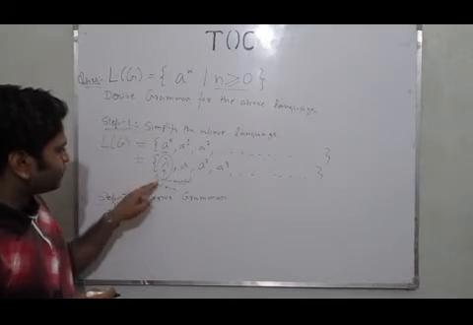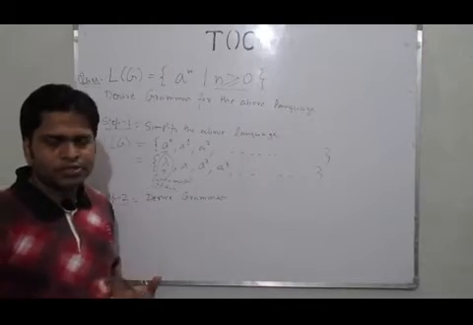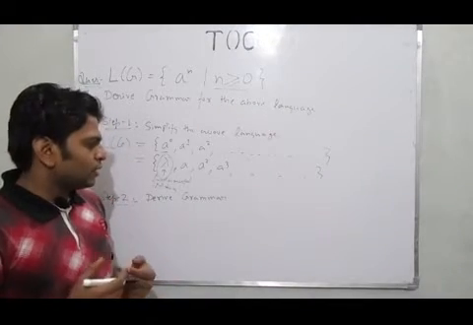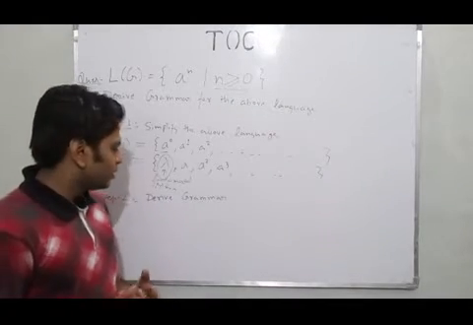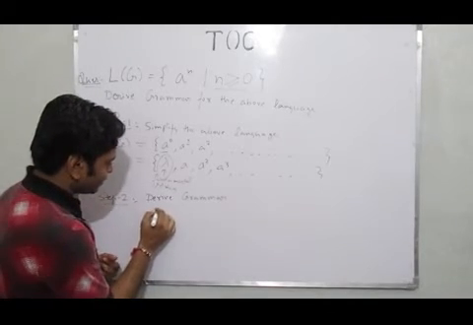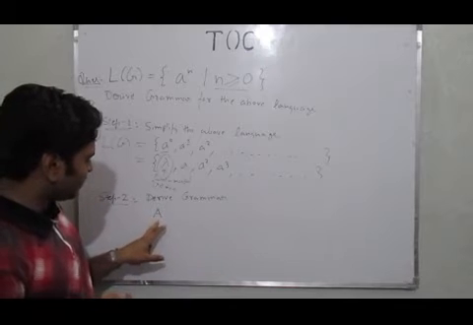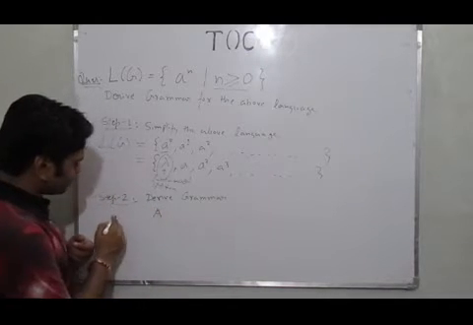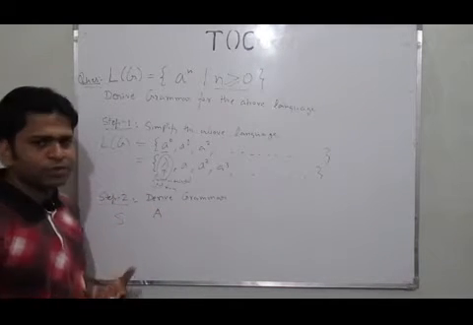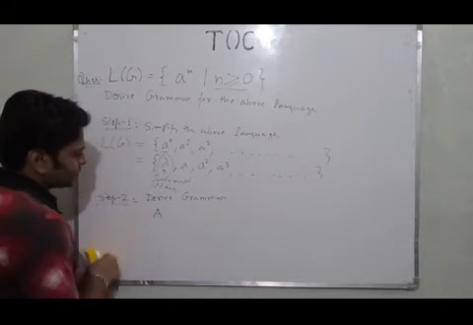We can simply take any variable as a start symbol. Suppose we have considered A as a start symbol. Or you can simply take S as a start symbol, as you wish. There is no problem. In this case I am taking A as a start symbol.